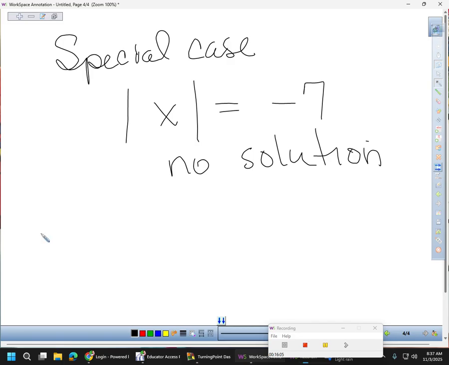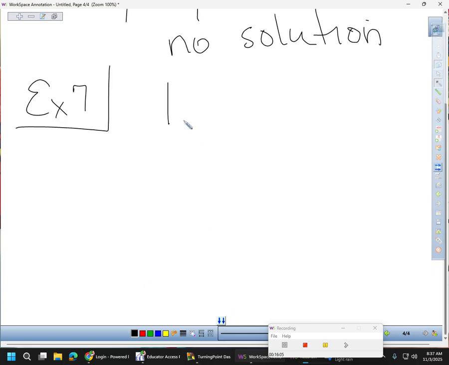So, here's example 7, and then I'll be all done. So I have the absolute value of 3x minus 5 plus 7 equals 4. All right, I'm going to go ahead and solve it. First thing we have to do is isolate our absolute value. Take away 7.